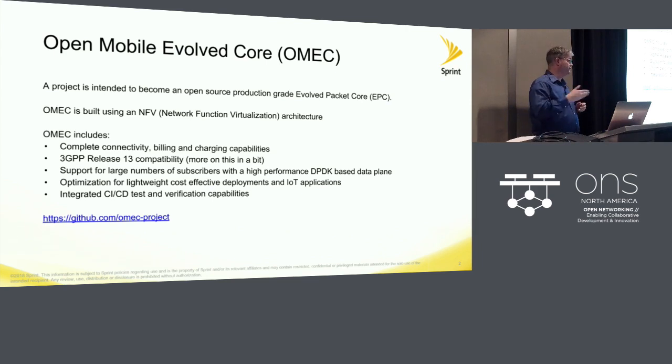We're also providing all these services, so you still have the full features you would expect of an EPC running at those speeds with DPDK. We've also been optimizing over the last couple of years, and that's the new ngic code for smaller deployments, getting out toward the edge. You're also starting to see us integrate some of the IoT application interfaces in the design.